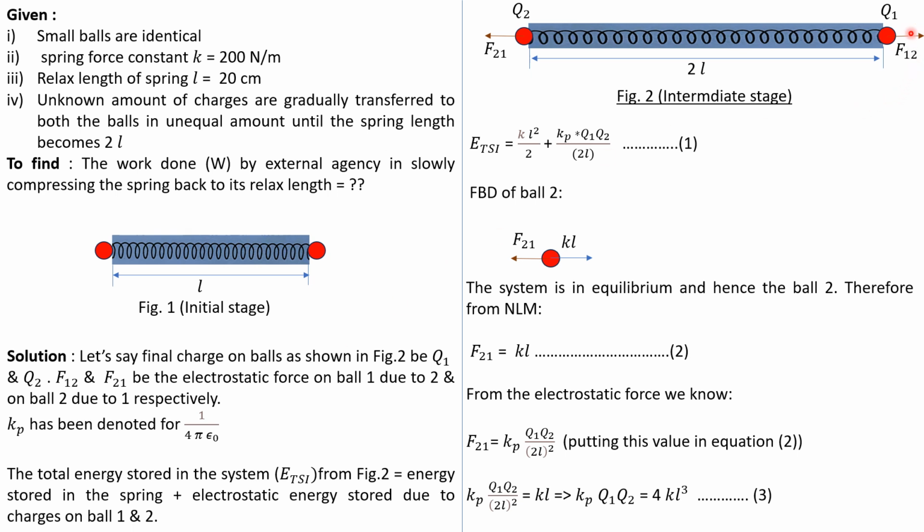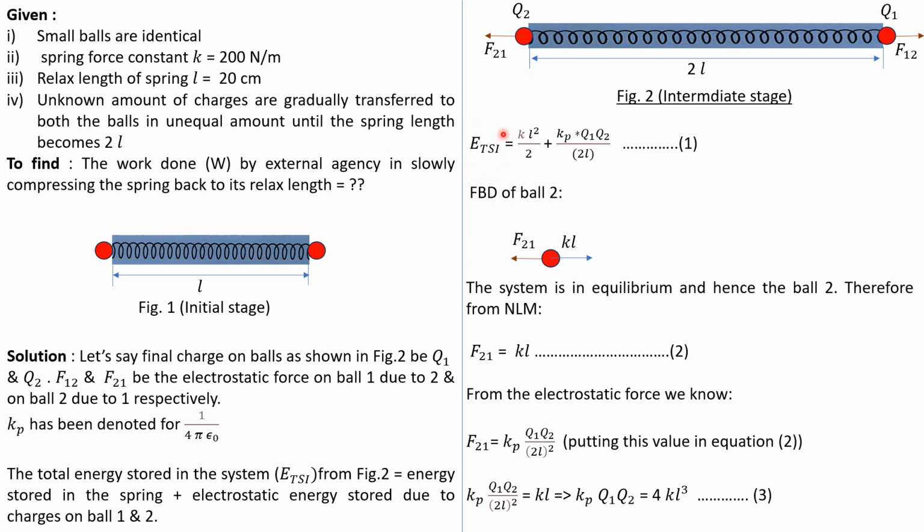Now when the system was in this configuration, what was the total energy in this system? Let us say this is E subscript TSI, initial. The energy stored is the energy in the spring due to stretch and the electrostatic energy stored due to the interaction between the charges on ball 1 and 2.